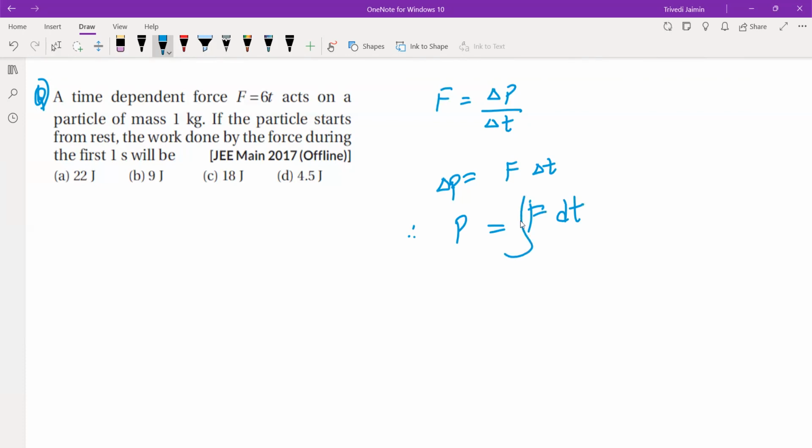What's the limit here? 0 to 1. So F is here 6t.